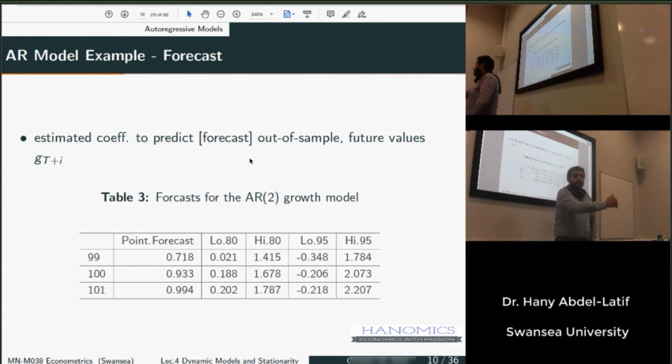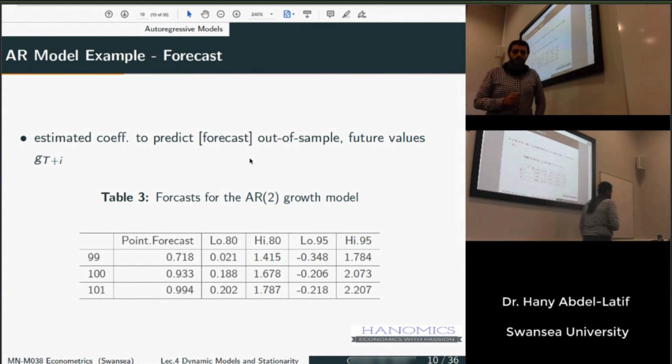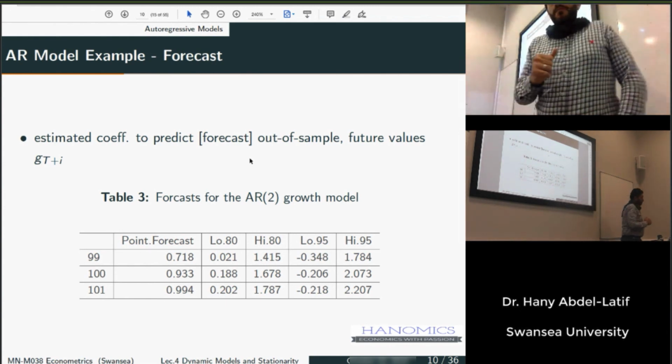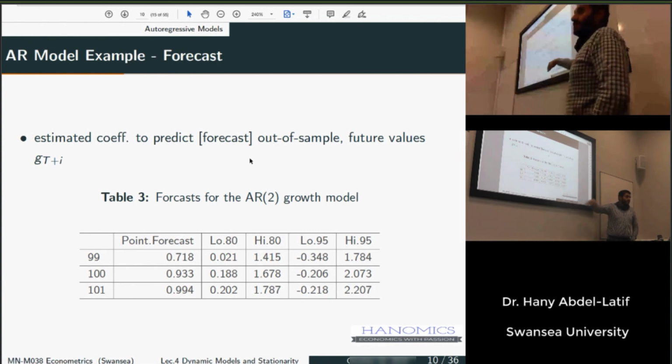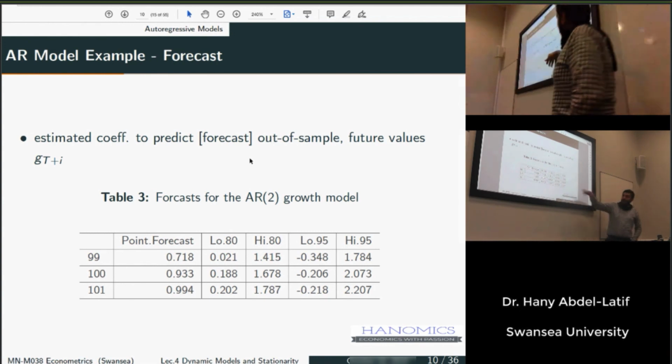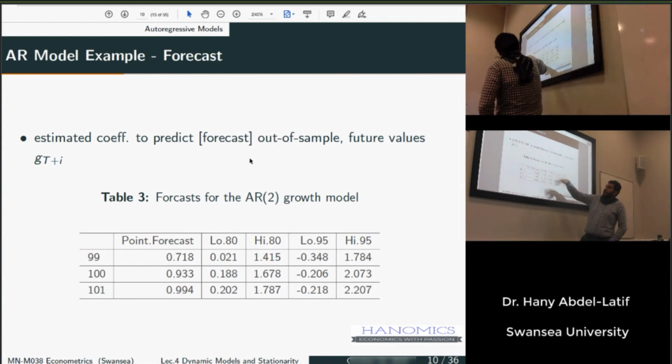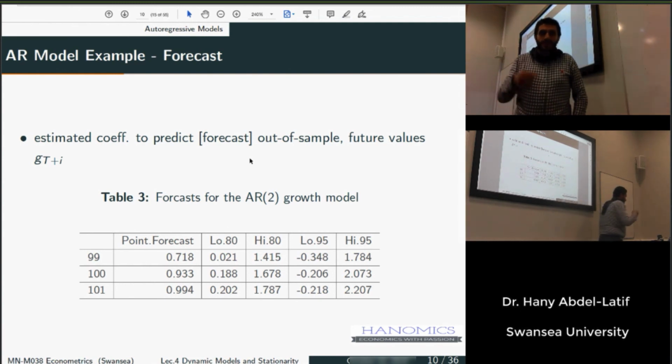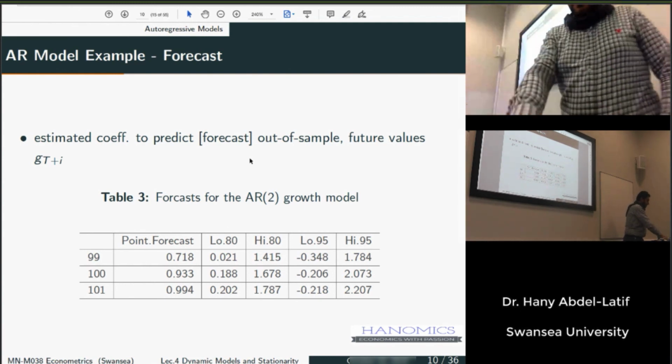So we can make some sort of prediction or forecast of how much they would spend on food. It's exactly the same way: if you know X, then you can make a forecast. And your X's here are the lagged values.